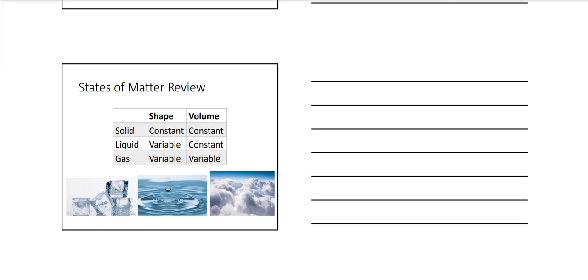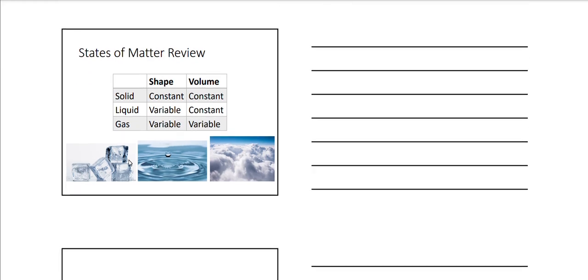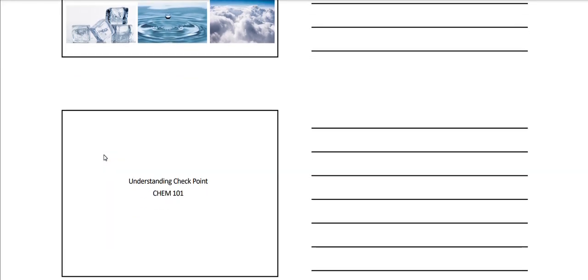When it comes to liquid, there is a larger degree of freedom. Particles are free to move and change location, break bonds, and form others. In the liquid, the shape is variable, but the volume is constant. It doesn't change. The gas is against everything the solid and liquid stand for. It has a variable shape, it has a variable volume, and there's definitely a larger degree of freedom for the particles in the gaseous formation.